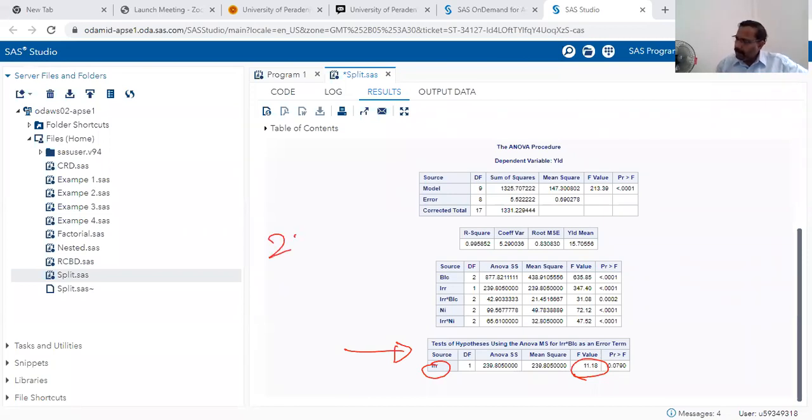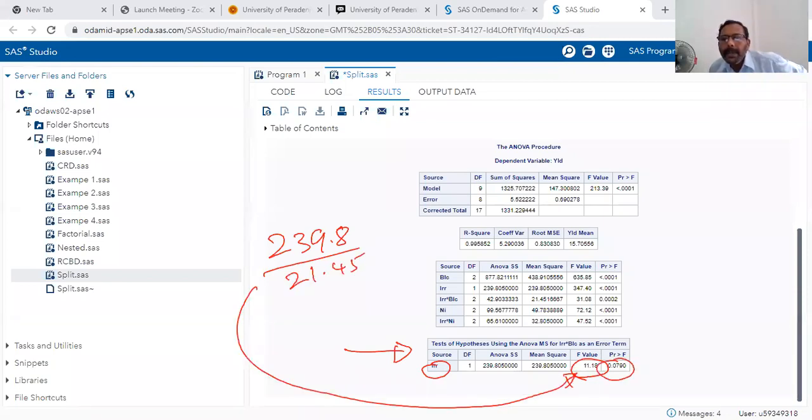So it is 239 point something divided by 21.45. Right? But is it still significant? The probability value is 0.07.